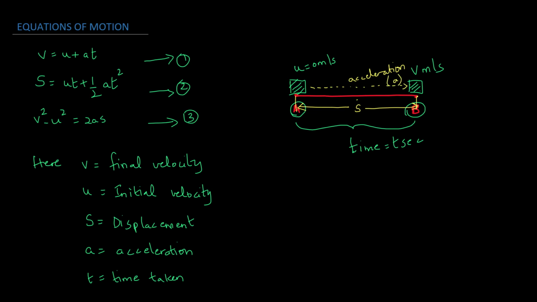So this is the basic idea of what the equations of motion are. It will help us to solve many numericals. Now we'll see the derivations of the equations of motion.